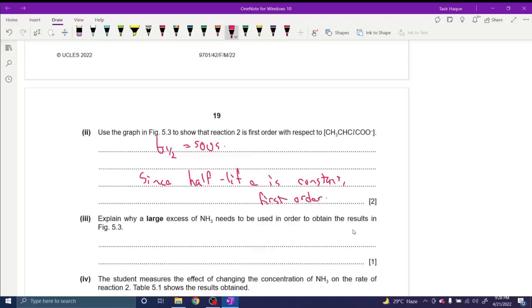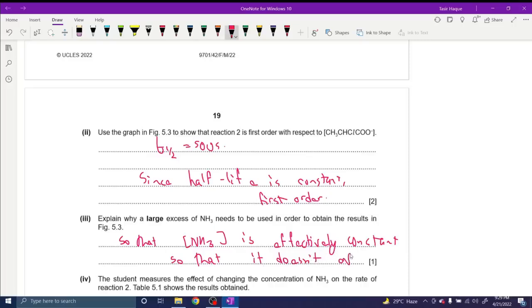Explain why a large excess of NH3 needs to be used. Very important question, I was expecting this. Mainly we want it to be virtually constant, so that it doesn't affect our reaction. We want the concentration of NH3 to be effectively constant, so that it doesn't affect the rate, or so that it's zero order with respect to NH3.